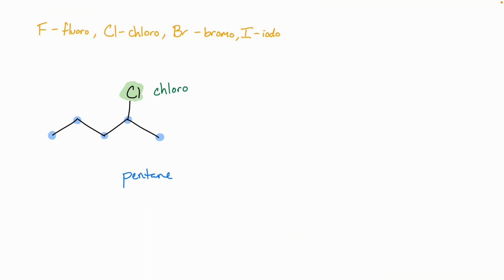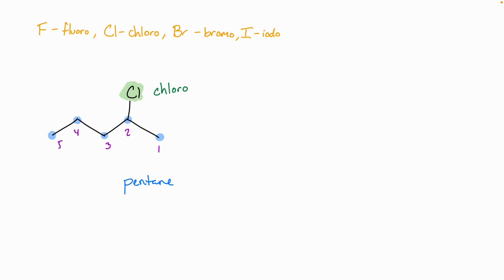All right, just like before, we got to indicate the position of that chloro group. So I'm going to number my parent chain, and we can always number it in either direction. In this case, which one of these numbering schemes am I going to pick? The red numbering scheme or the purple numbering scheme? Purple, because that's going to put that chloro group on the smallest number.